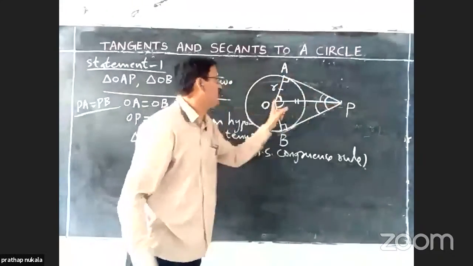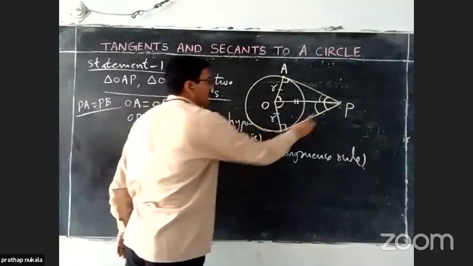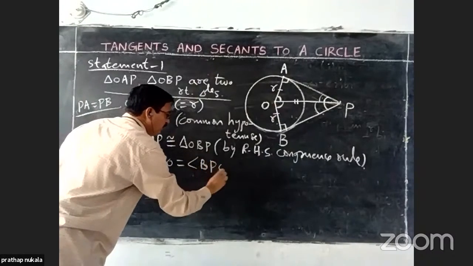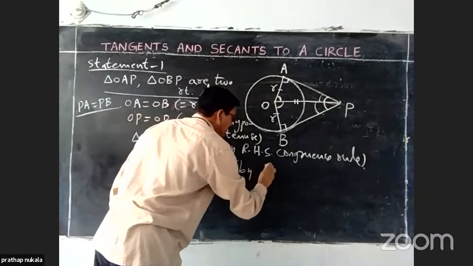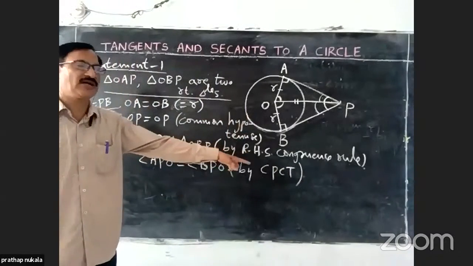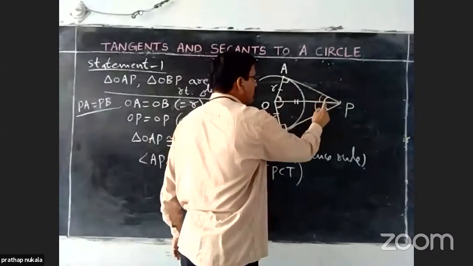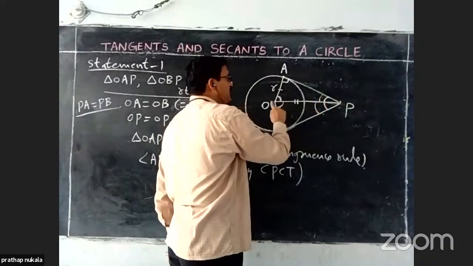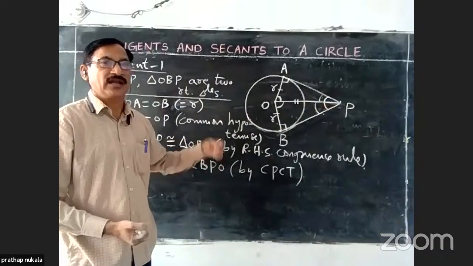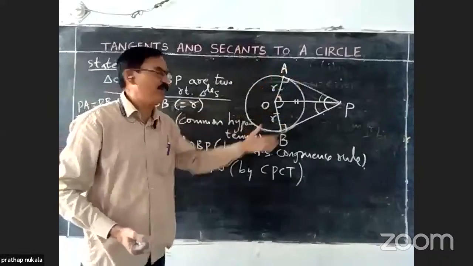That means angle APO equals angle BPO by CPCT, corresponding parts of congruent triangles are equal. That's why these two angles are equal. Then OP acts as the bisector of angle APB.